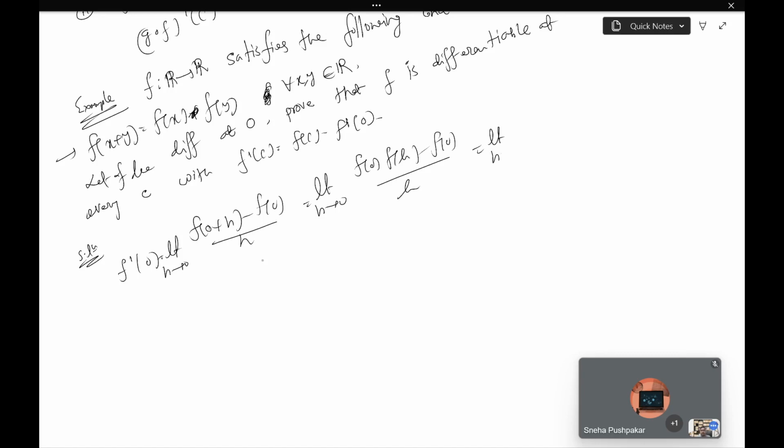This is equal to f of zero times the limit h goes to zero of f of h minus 1 by h. This is one thing.